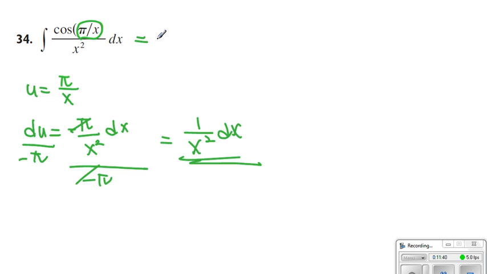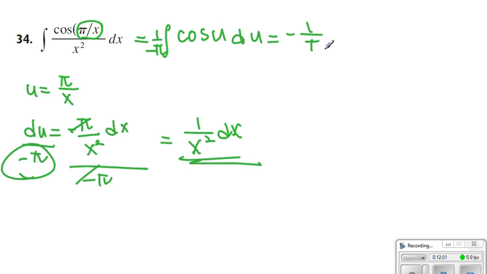So if you substitute everything in, we end up getting cosine of u du with 1 over negative pi in the front because of this factor. Now, then this becomes negative 1 over pi times sine of u plus c.